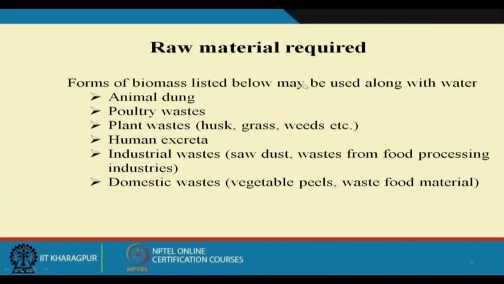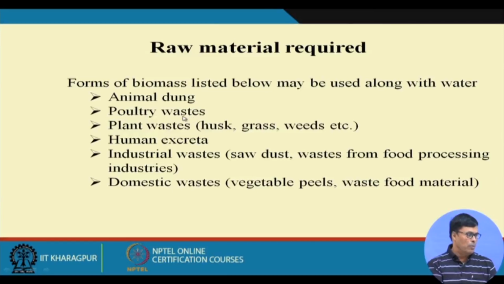The raw materials used for this particular process are animal dung, like cow dung, of which we have a lot. Then poultry waste. I discussed how one particular family in some city was able to run his poultry farm without public opposition, because anaerobic digestion removes all the bad smell generated by this waste, because this is a closed chamber.